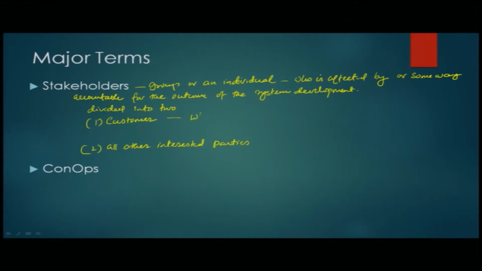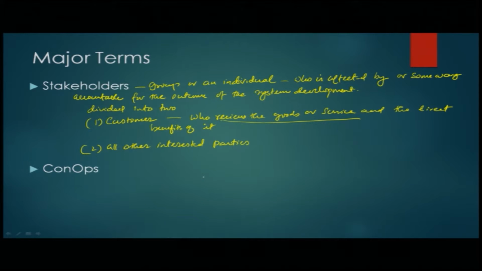The customer is the one who receives the goods or service, and the direct benefits of it. So, the customer is the one who receives the good or service and also the direct benefits associated with it. That is the customer.